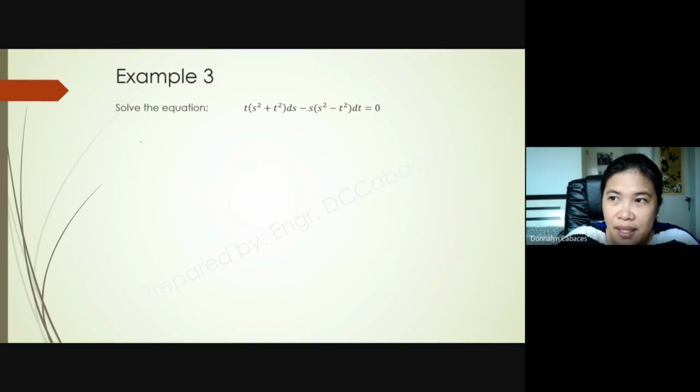So we are still to introduce a new variable v. Let us inspect first. The first term is ts squared, so third degree. Second term, t cubed, so third degree. S cubed, third degree. The next term is st squared, so that is third degree. So this is a homogeneous differential equation, degree 3.